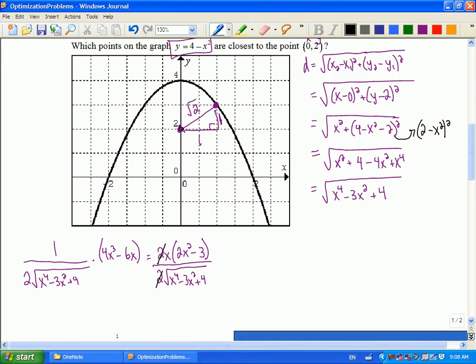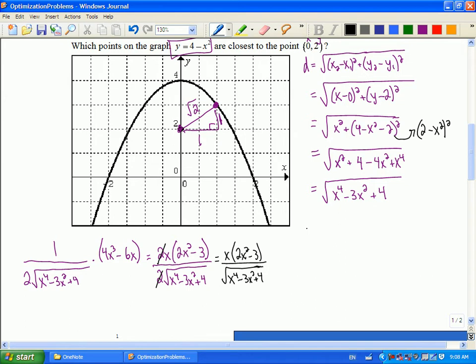So what numbers would I need to check here? Any ideas where we could pull out some critical points?